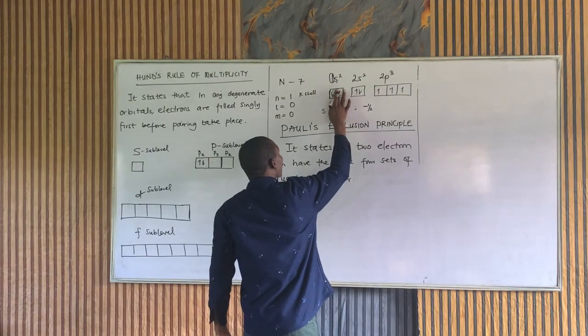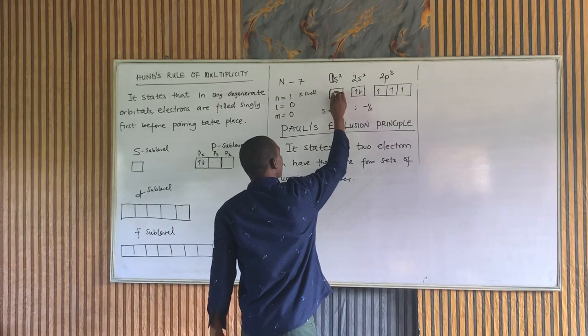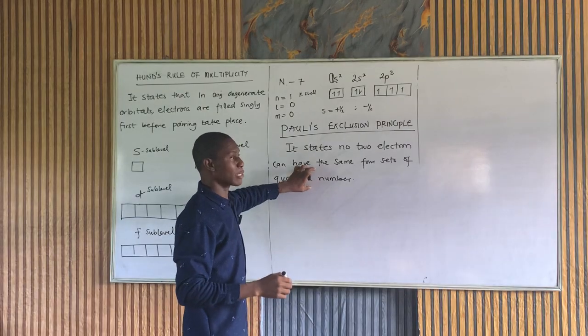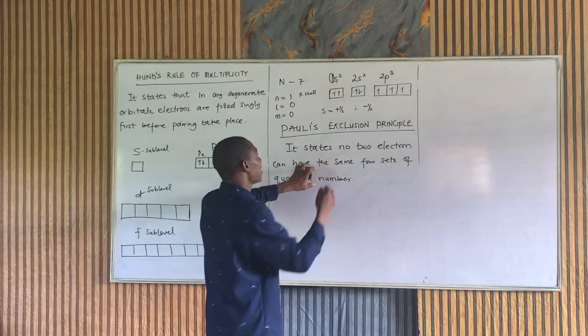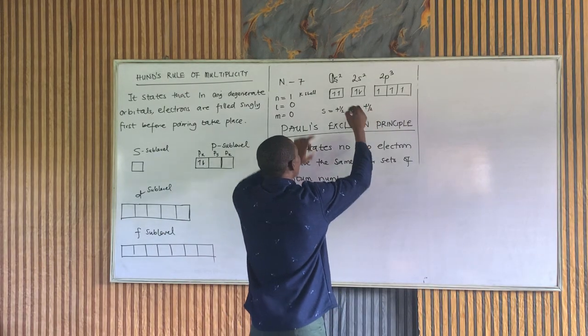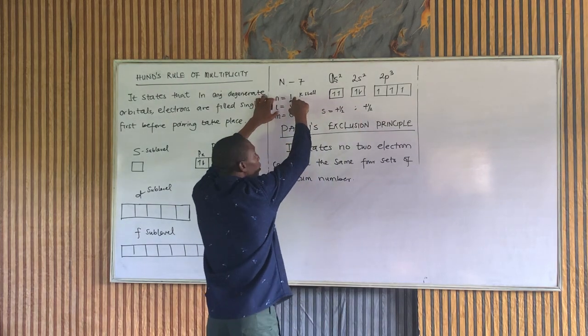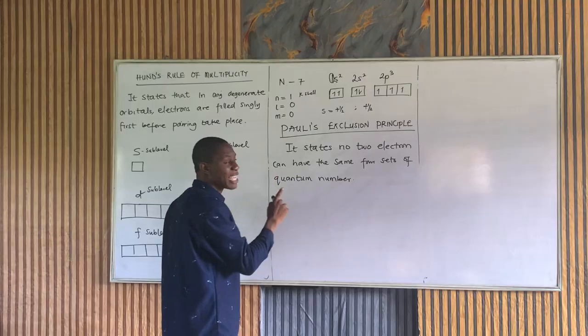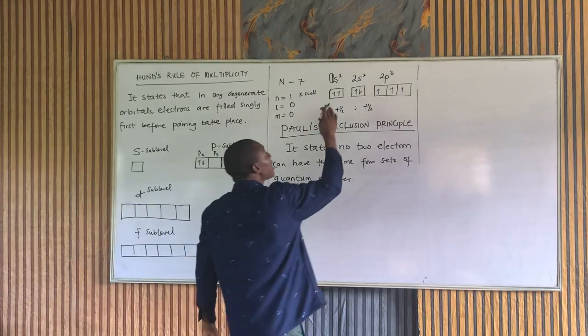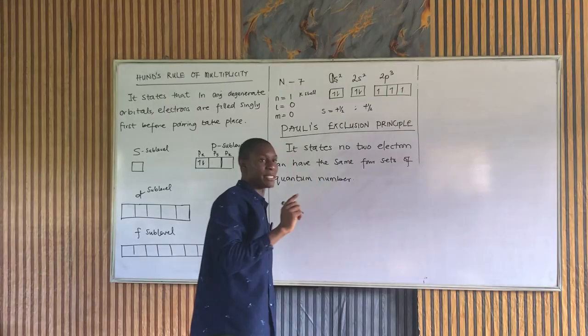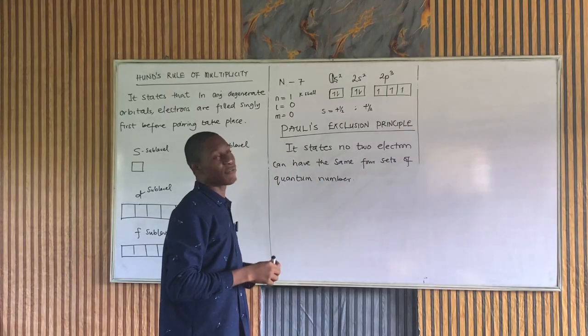If it were possible to write this like this, you'd be violating the Pauli exclusion principle, because all of them would have the same set of quantum numbers. The implication of the Pauli exclusion principle is simply that if one electron in an orbital points upward, the other one will point downward, so they have different spin, because they cannot have the same set of quantum numbers.